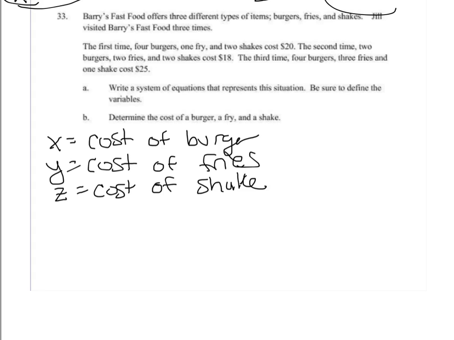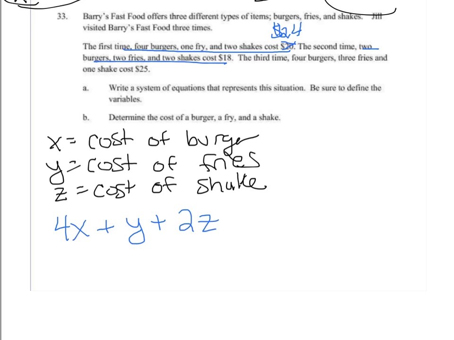For the first equation, the 4 burgers, 1 fry, and 2 shakes, this number should be $24. So now when we write our equations, each sentence will give us one of the equations of the system. So 4 burgers plus 1 fry plus 2 shakes costs $24.